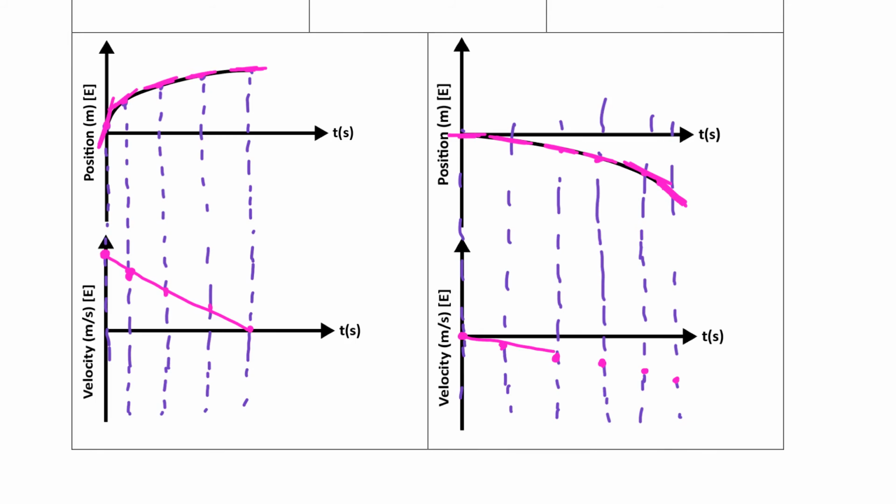And if I connect the lines here, we can see that in this case, the velocity of the object is actually increasing. So there's a huge misconception. Sometimes students think that because it's going in the negative direction, it's actually decreasing.